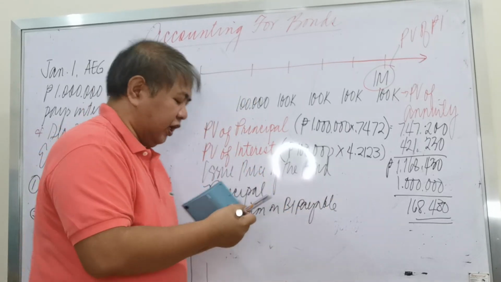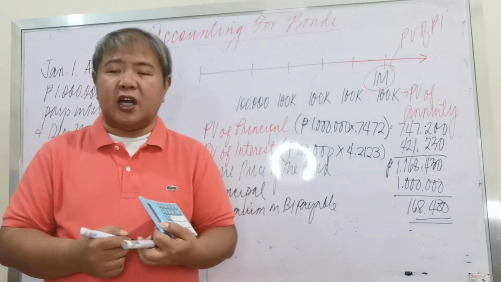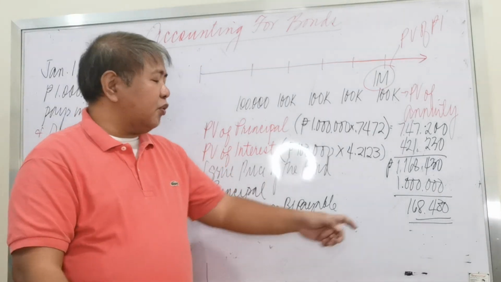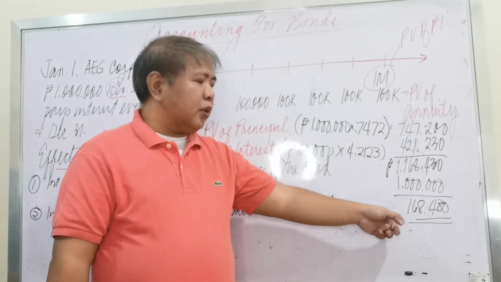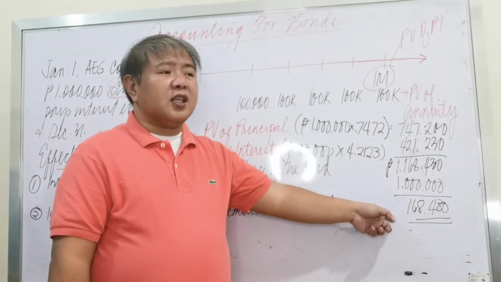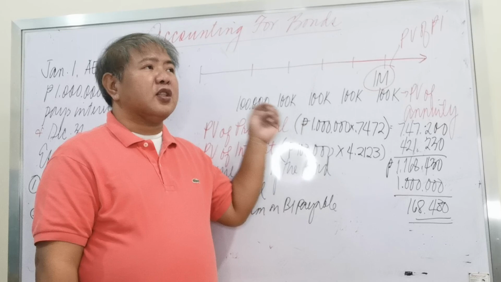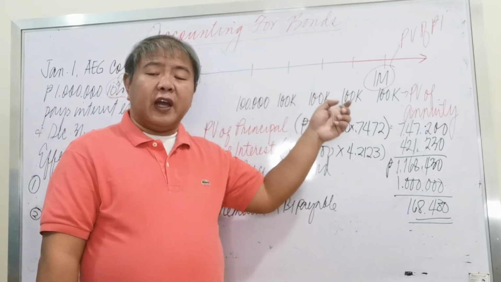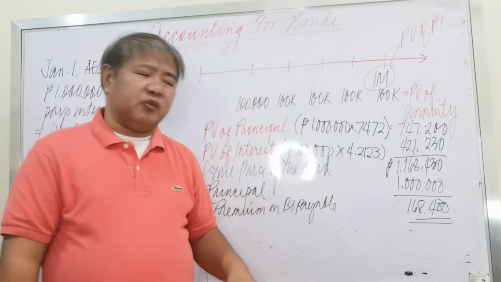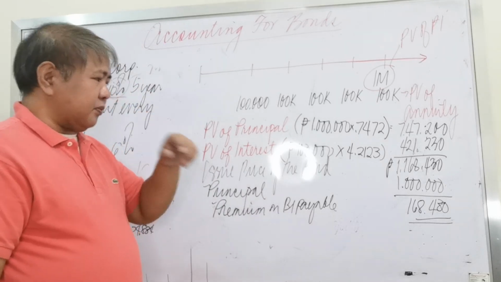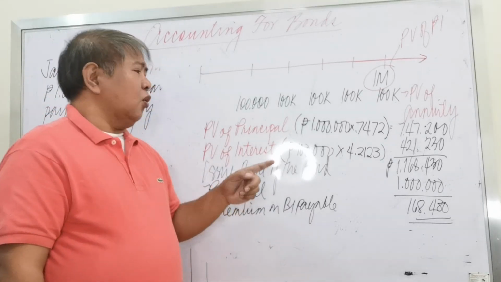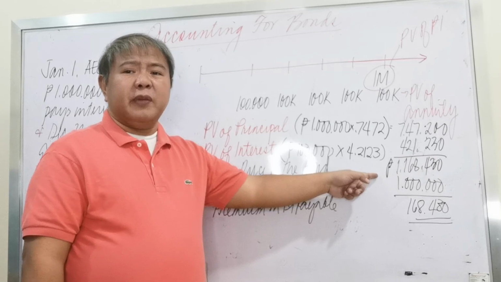Just like what we did for bond discount, we are going to amortize this premium on bonds payable over the term of the obligation, which is 5 years, using the effective interest rate.